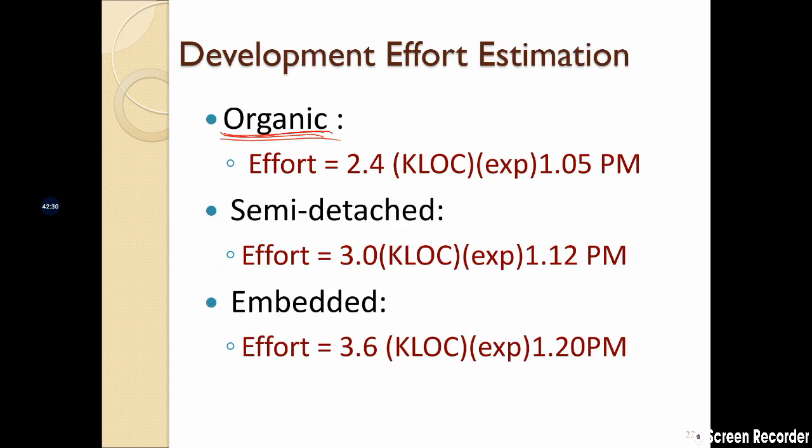So for organic or application programs, the effort is calculated by the constant 2.4 times kilo lines of code to the power 1.05, and whatever value comes is going to be in person months.